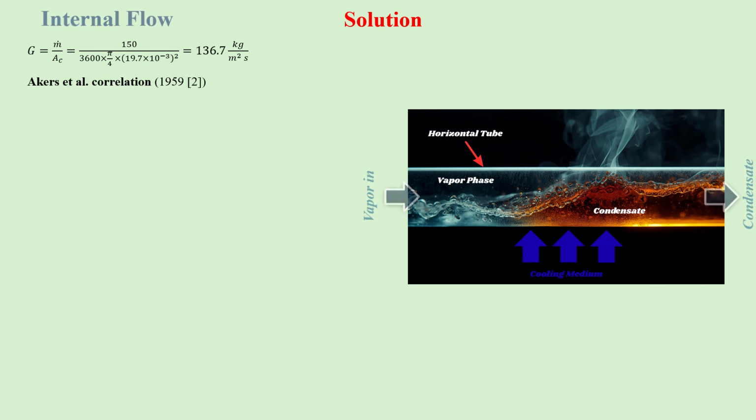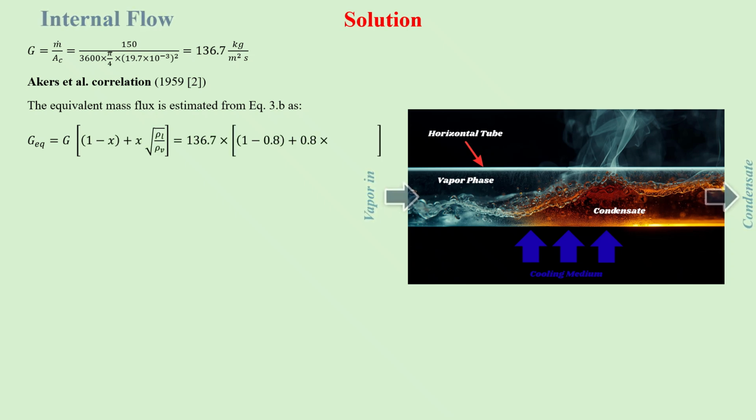I will use Akers et al. correlation, which was presented in 1959 in the form of equation 3, and we start the calculation of the equivalent mass flux velocity, G equivalent, which corresponds to 1049.74 kilogram per meter square second.